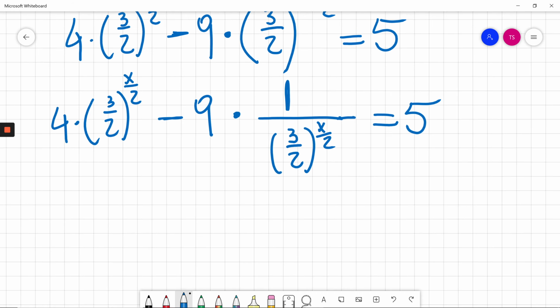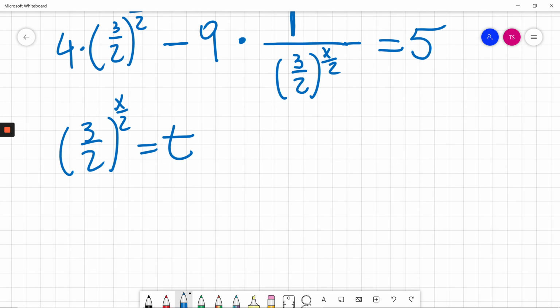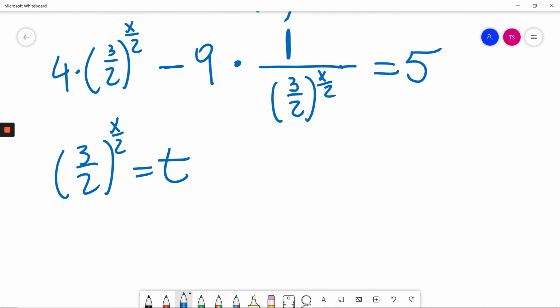At this moment, I can see I have 3 divided by 2 to the power of x divided by 2 twice, so I can make substitution. This will be equal to t. So now my equation becomes 4t minus 9 times 1 divided by t, and this is equal to 5.